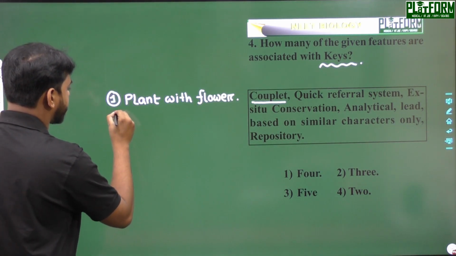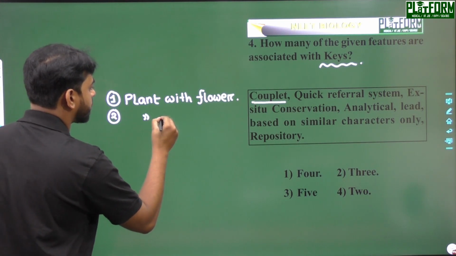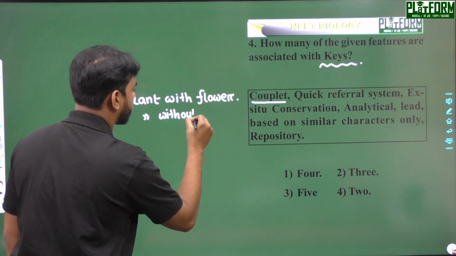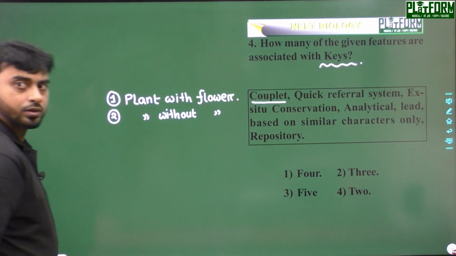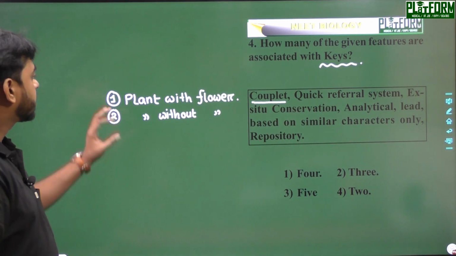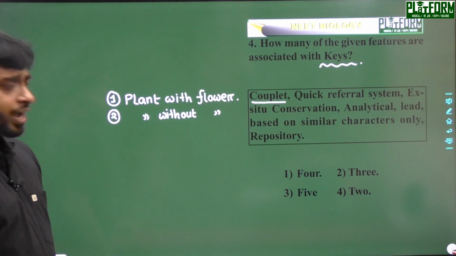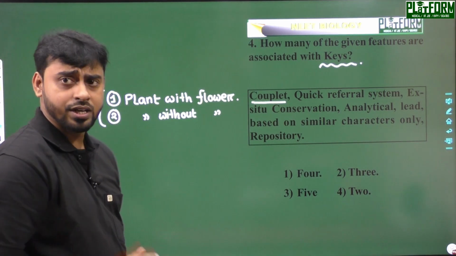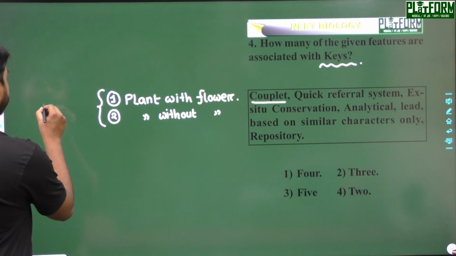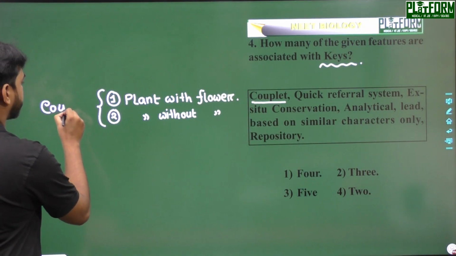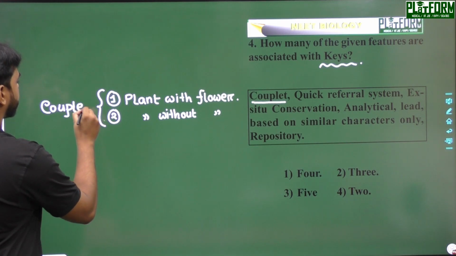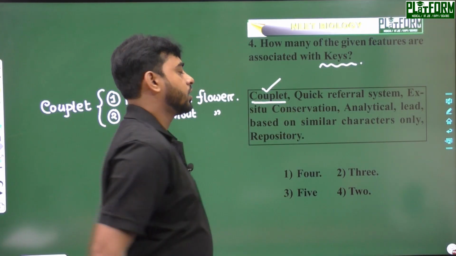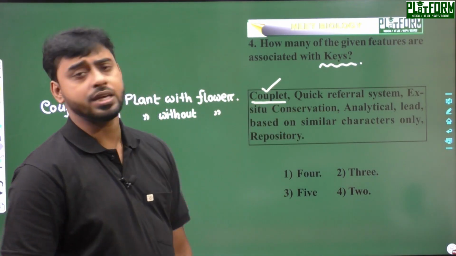And the second statement is that the plant without flower. So these two are contrasting statements. And these two contrasting statements which are written inside the key are known as a couplet. Okay. So the couplet word is applicable for key.